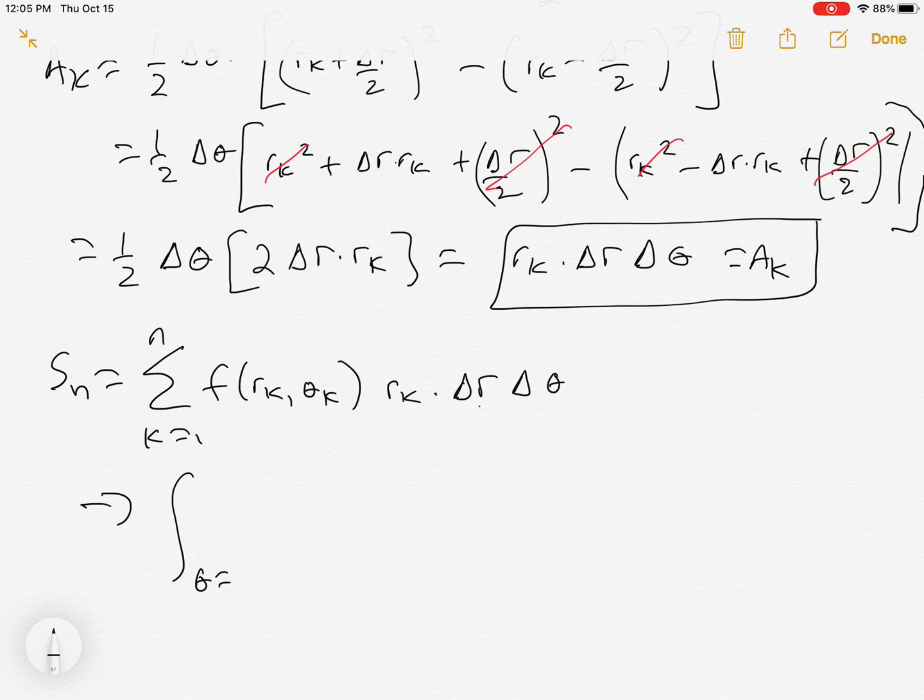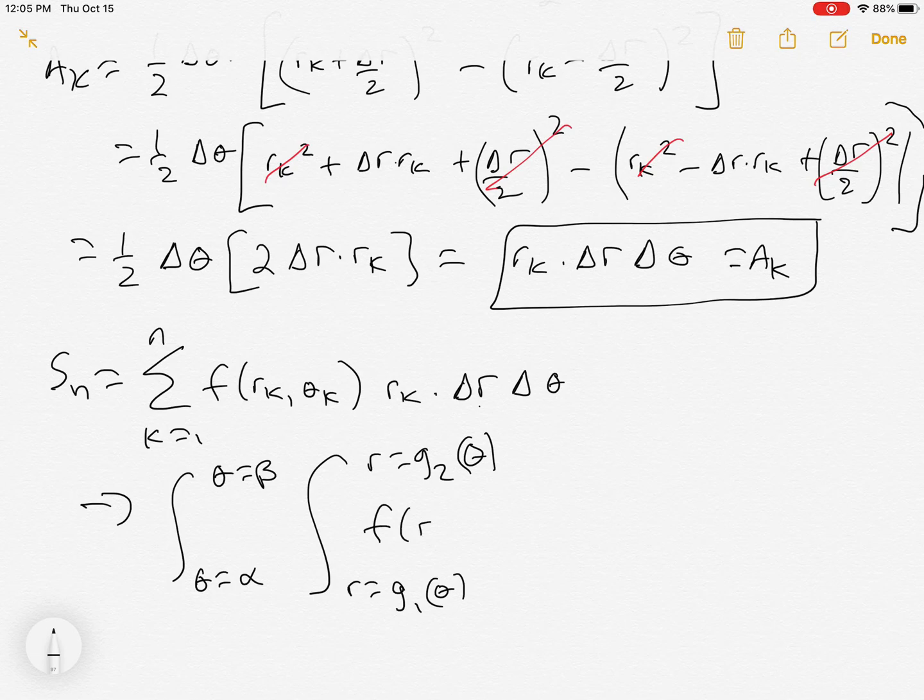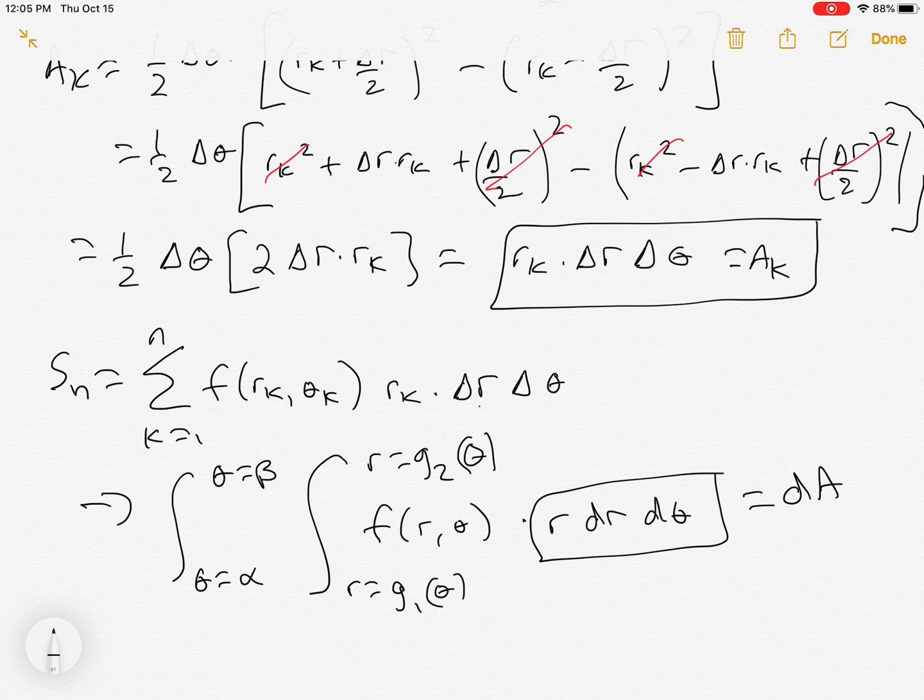Theta runs from alpha to beta, and r runs from some function of theta to another function of theta. You have the function f of r, theta times dA, which is r dr dθ. Okay, and that's the differential in polar coordinates.